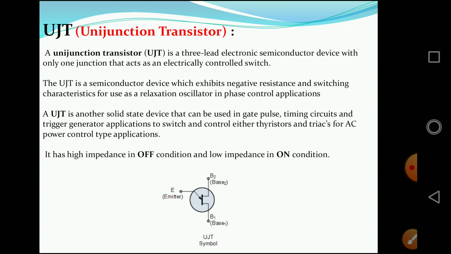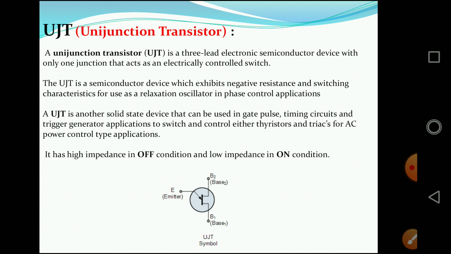So, UJT is one type of transistor. Therefore, it is a little bit similar to the transistor, but its switching characteristics differ from the transistor. So, it can be used as a relaxation oscillator device. It is a solid-state device that can be used in gate pulse timing circuits and trigger generator applications to switch and control the thyristor or triac triggering time.